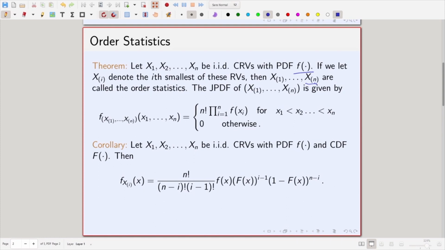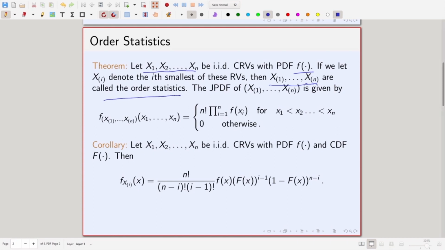So, you have n IID continuous random variables, IID means independent and identically distributed, with probability density function small f. Now, if we let X(i) denote the ith smallest of these random variables, then this collection X(1) and so on up to X(n) is called the order statistics.